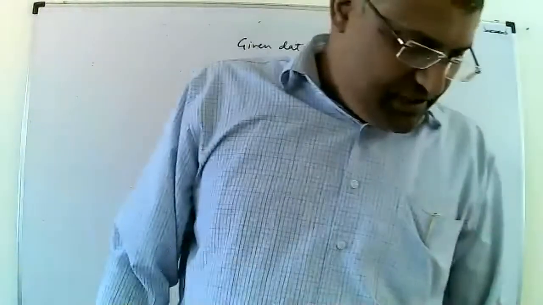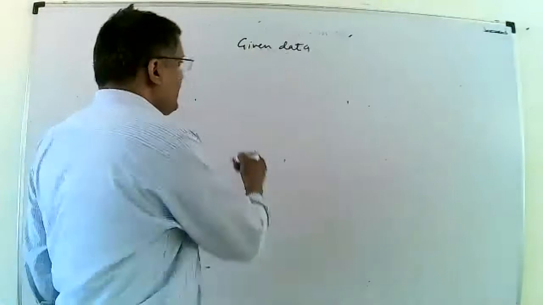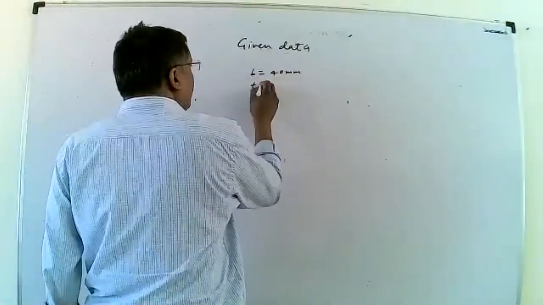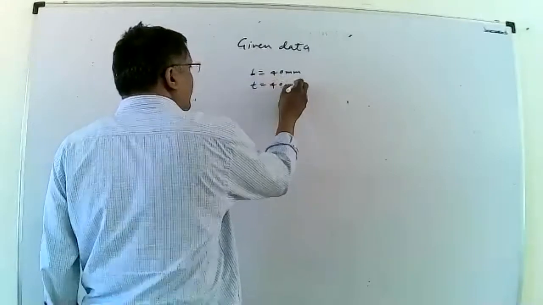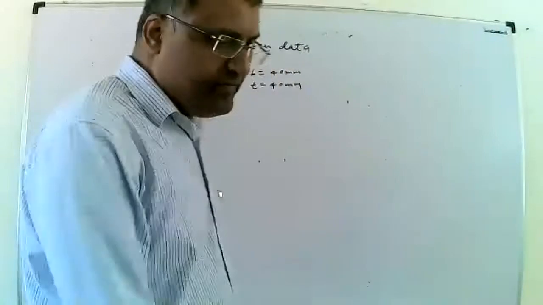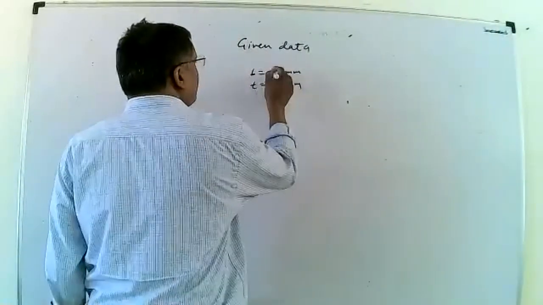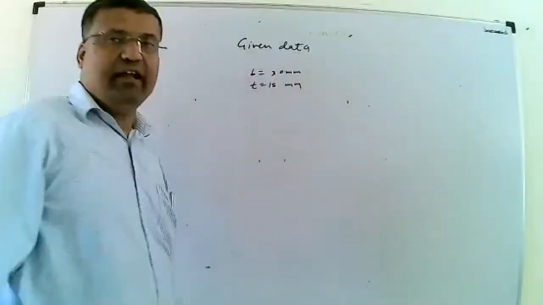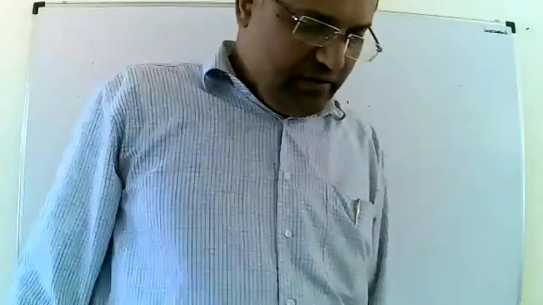Given data, B is given 40, sorry, 30 mm, and this is 50 mm, a steel flat 40 by 50.